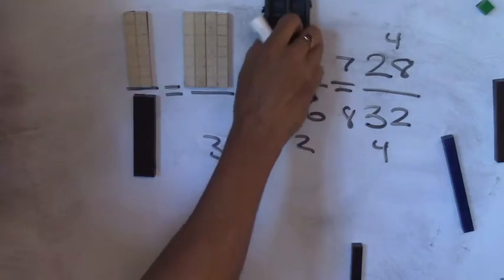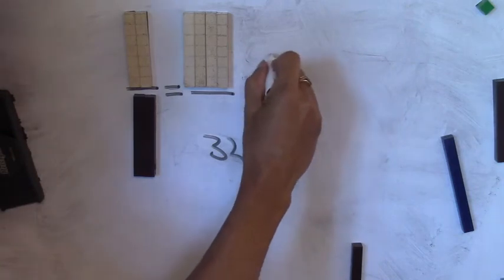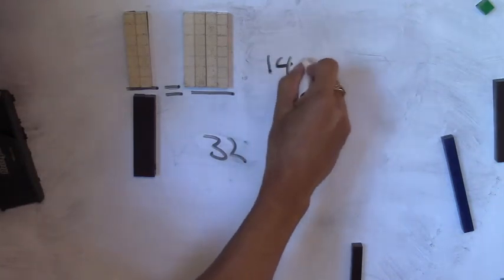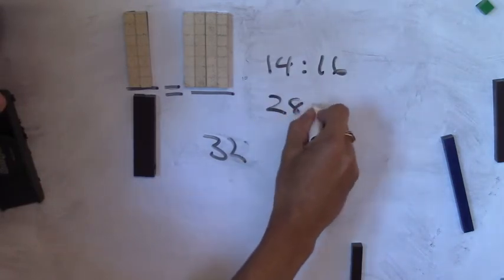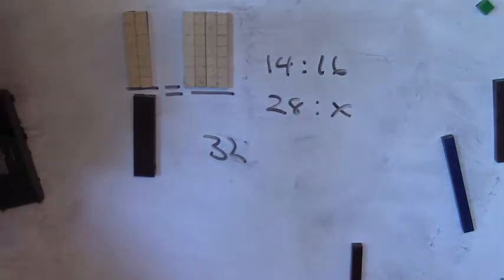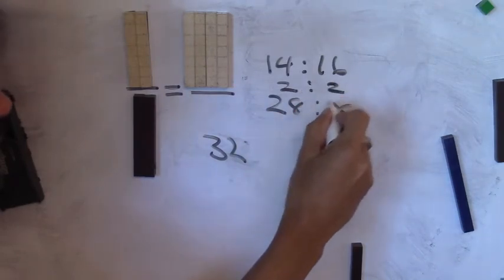Now let's take a look at the find-the-1 way of looking at it. So what I have here is 14 is to 16 as 28 is to, I don't know. Well, what I have here is 7s. So when I find the 1, I see I've got 2 to 2.